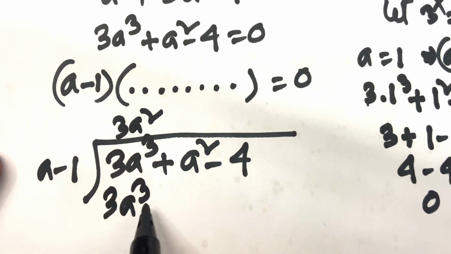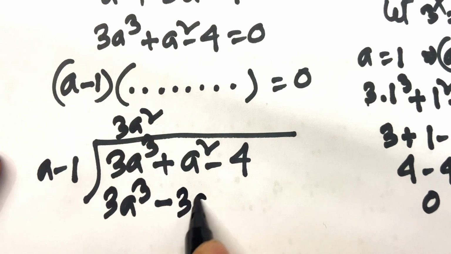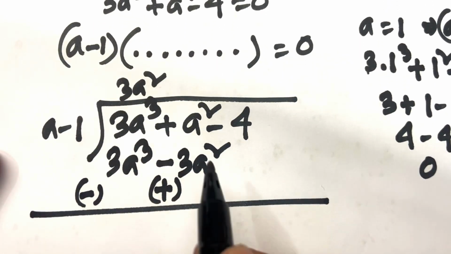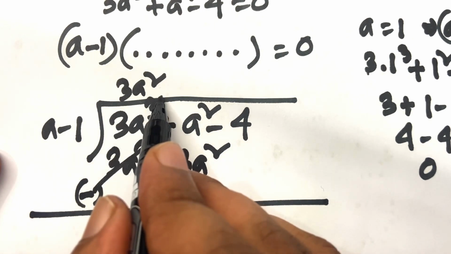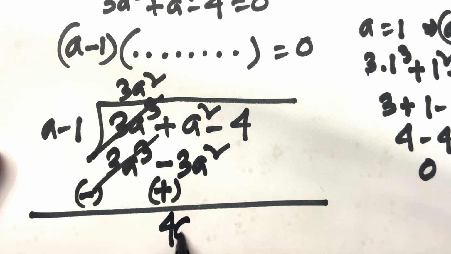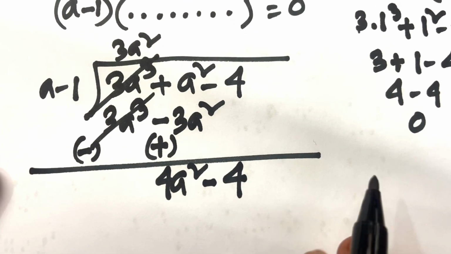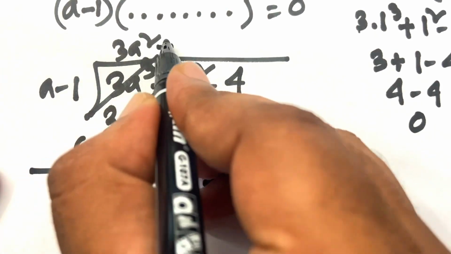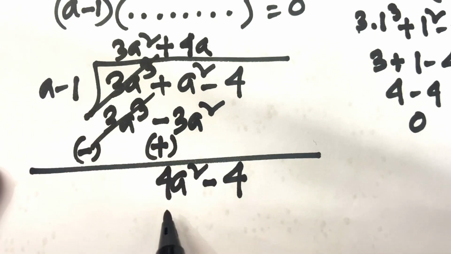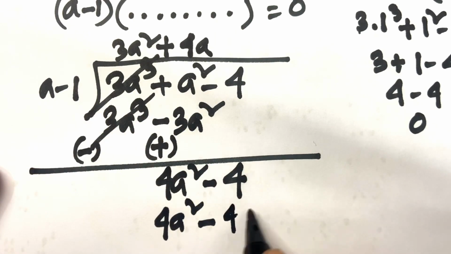Here is plus, this is minus, so minus 3a squared times 1 is equal to minus 3a squared. Now 3a cubed cancels, so we get a squared plus 3a squared is equal to 4a squared minus 4. Now 4a times a is equal to 4a squared, minus 4a times 1 is equal to 4a.